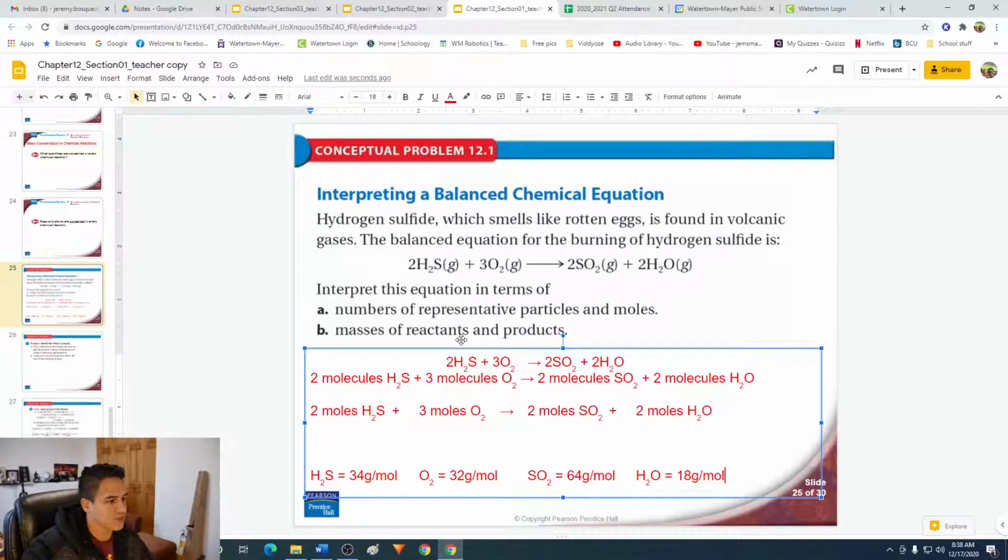That gives us 18. So for us to determine our masses, we would take 2 times 34 grams for the H2S. Okay, so 2 times 34 is 68 grams. So 68 grams of H2S plus 3 times 32 grams, okay, for the oxygens. So 3 times 32, that's 96 grams for the O2.